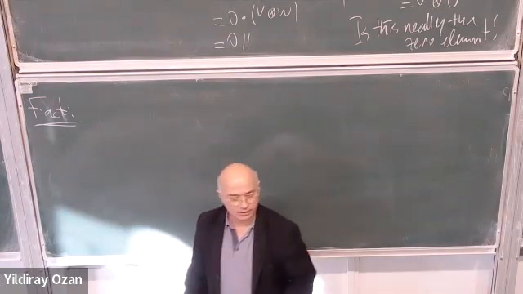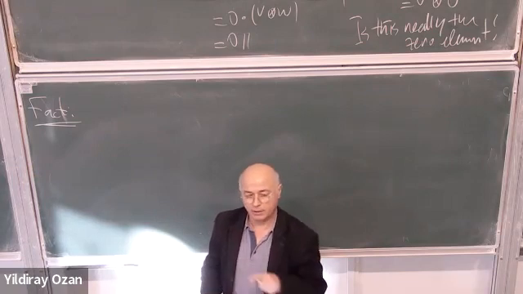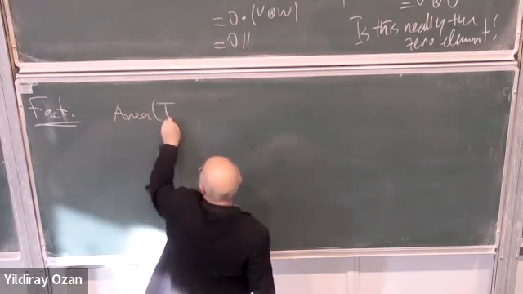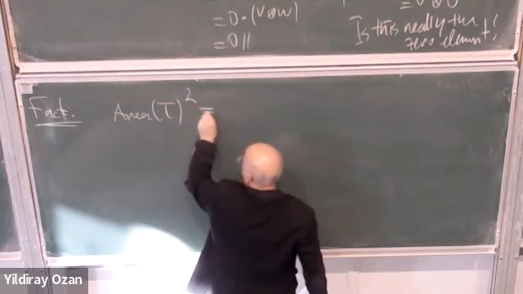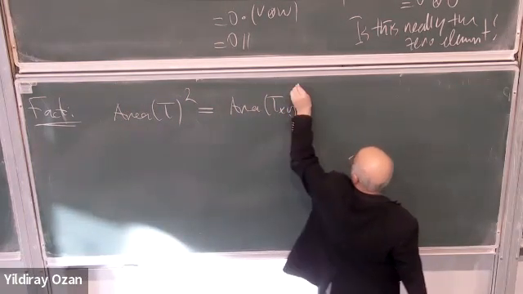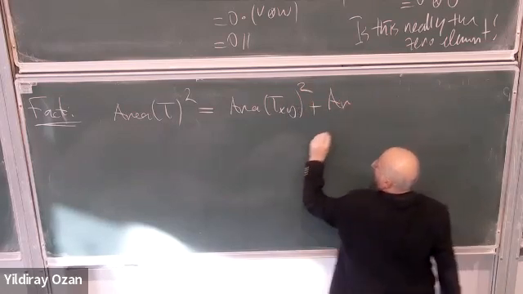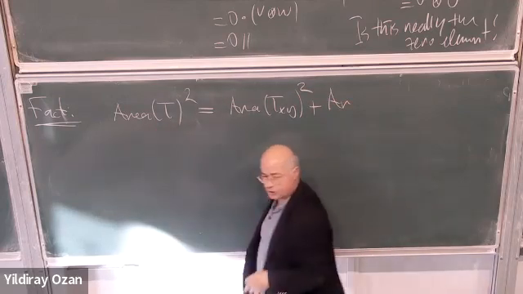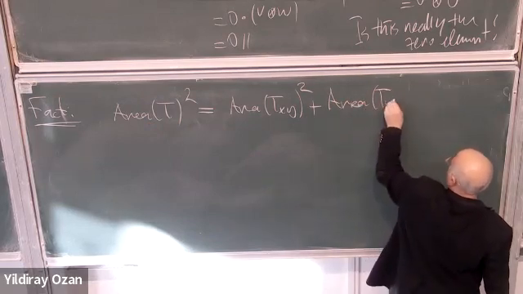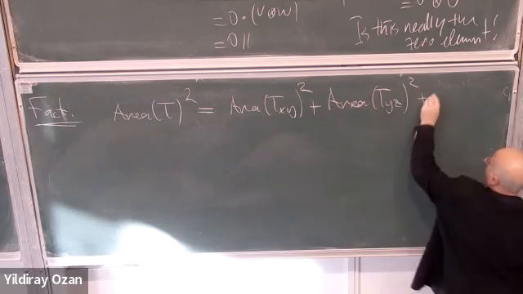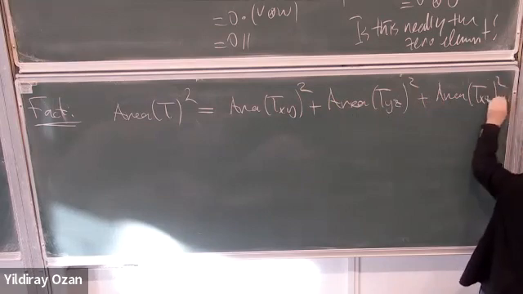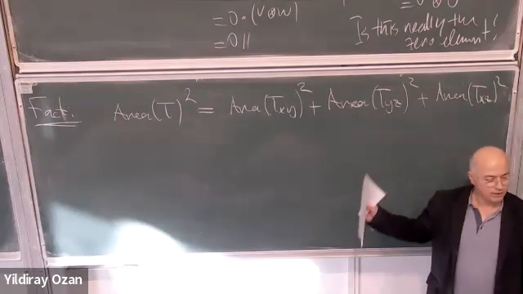The areas of these triangles obey a Pythagorean rule, namely area of T, the big triangle, squared is area of TXY squared plus area of TYZ squared plus area of TXZ squared. Did you know this fact?